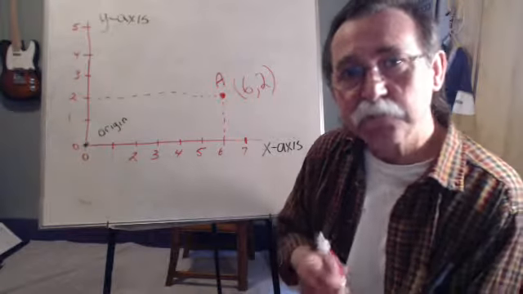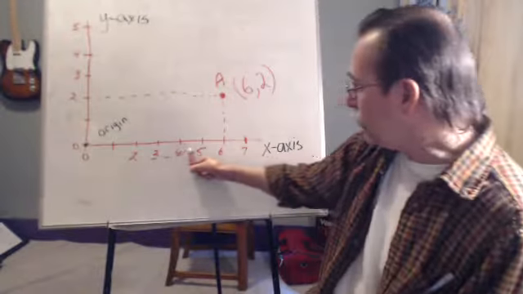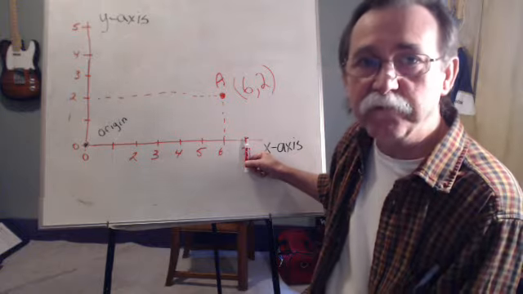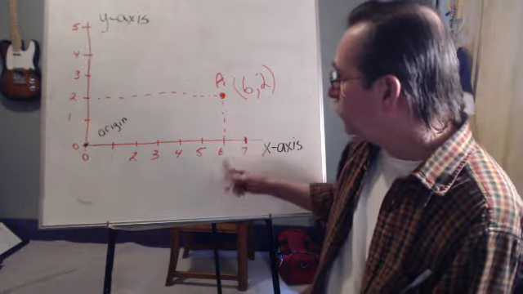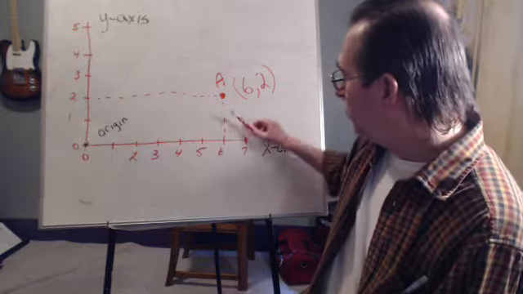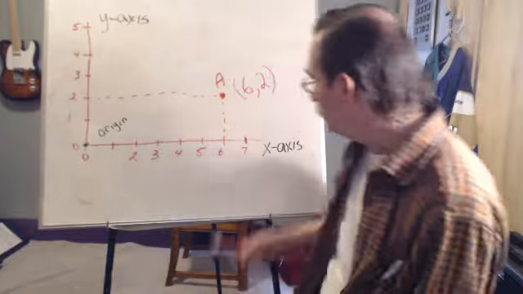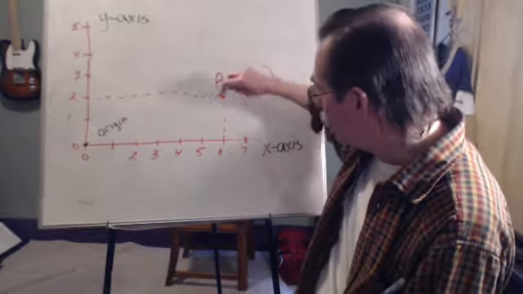So what is the rule here? The rule is we say the horizontal number first, or the x coordinate first, for a nice big word. And then the next one is the y coordinate, the vertical coordinate. So the point (6, 2) is in a special spot.